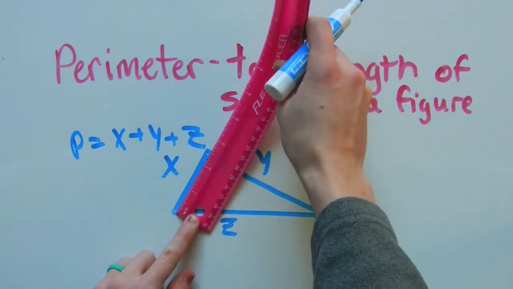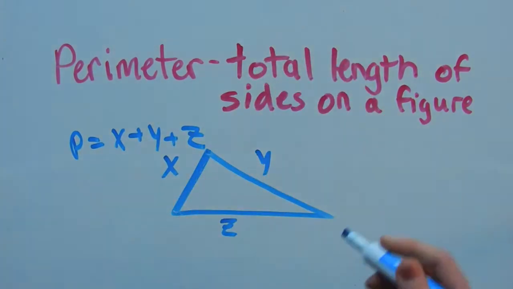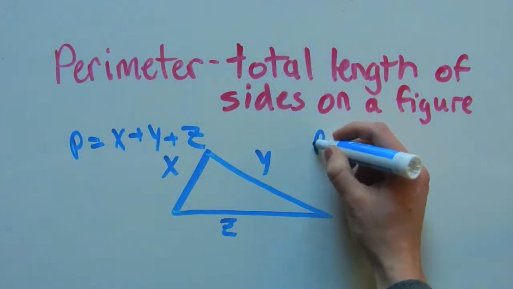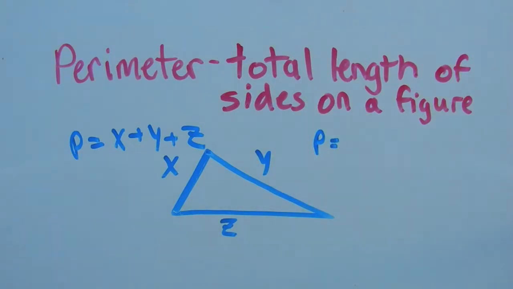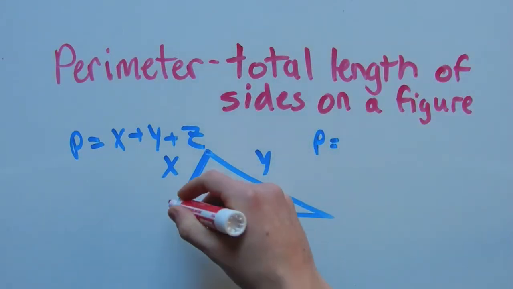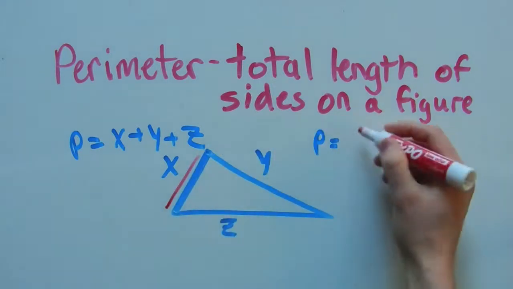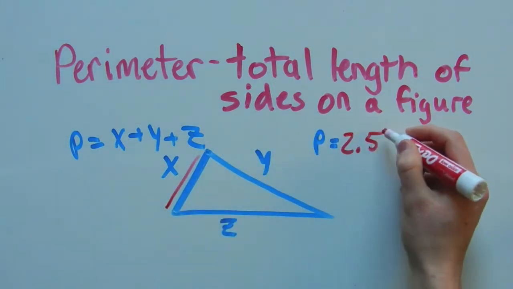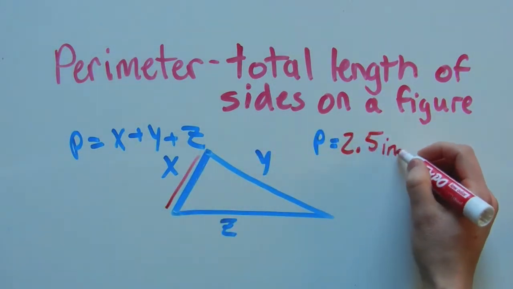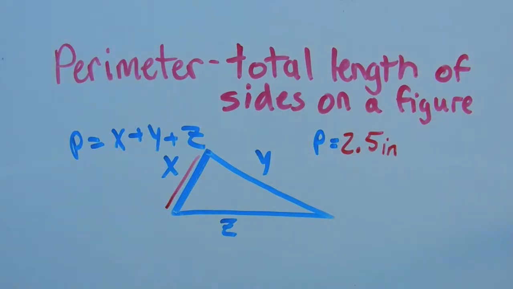On our ruler, we have that x is 2.5 inches. So perimeter P equals x is 2.5 inches. And then we're going to add that to the length of y.